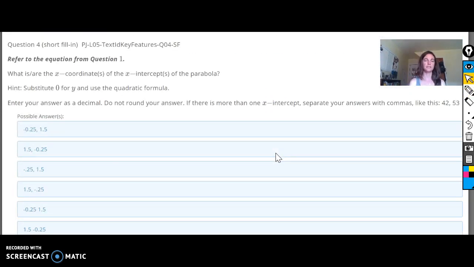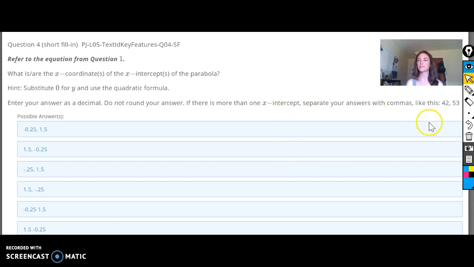And let's see, what are the x-coordinates of the x-intercepts? So at what values does it cross the x-axis? Okay, so this is basically those solutions, and we did this back in lesson 3. We calculated at what values we went through the x-axis, but let's just do it again.